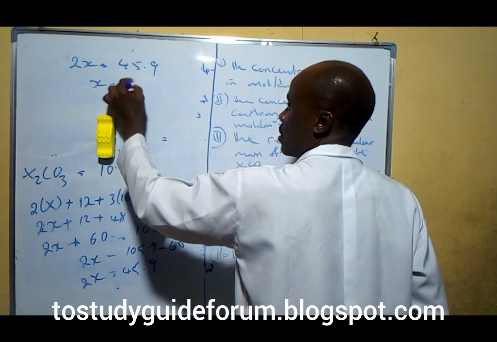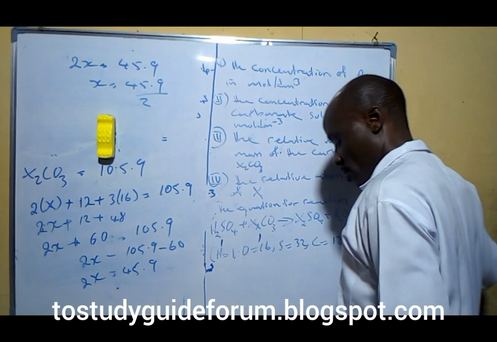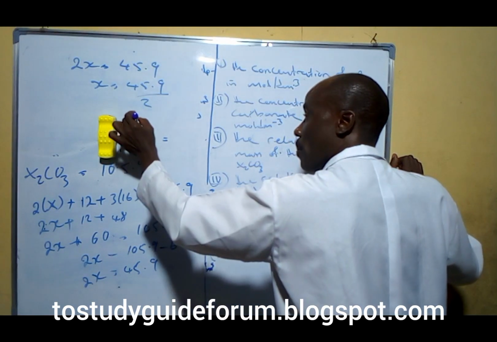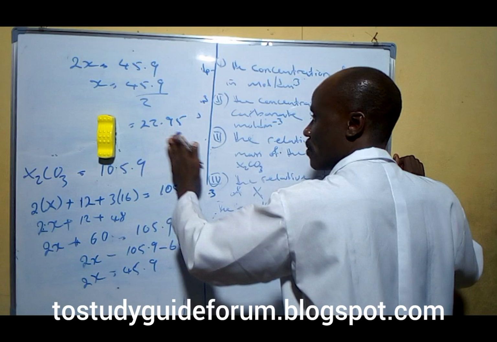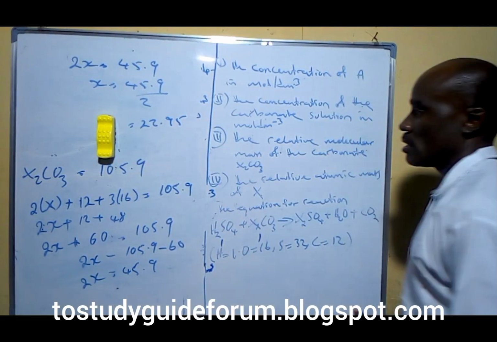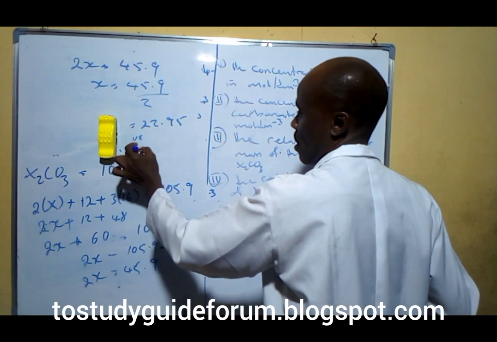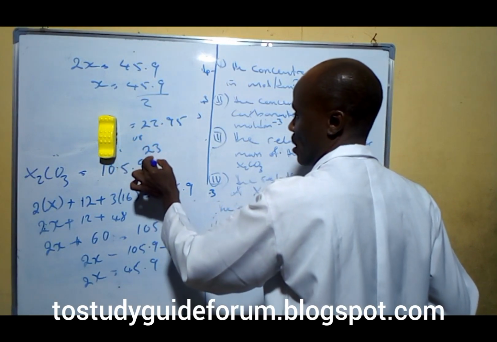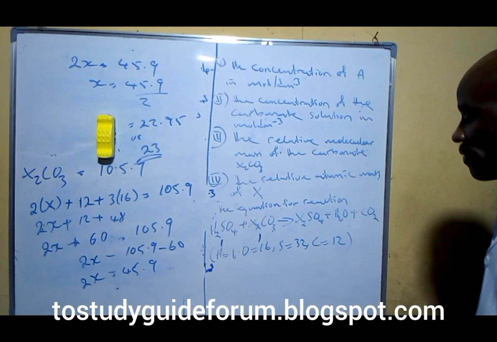So x will be 45.9 all over 2, which gives us 22.95. That is the relative atomic mass of X. You can even approximate it to the nearest whole number. That's our final answer.